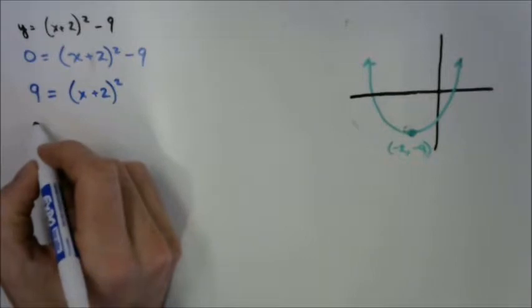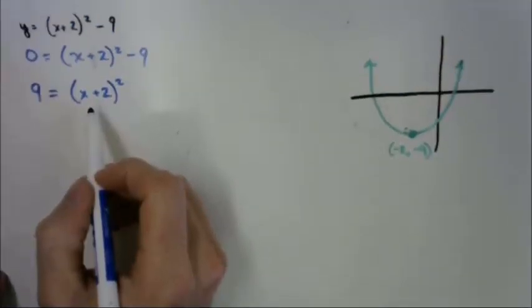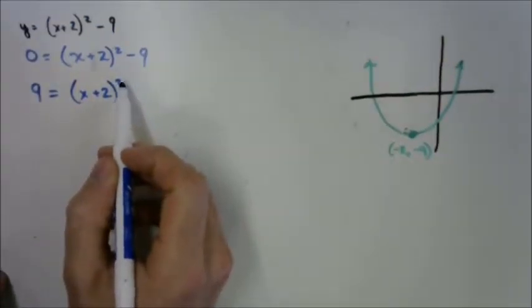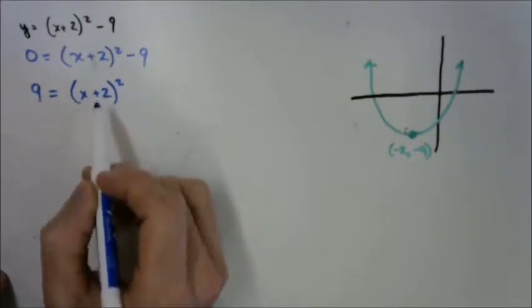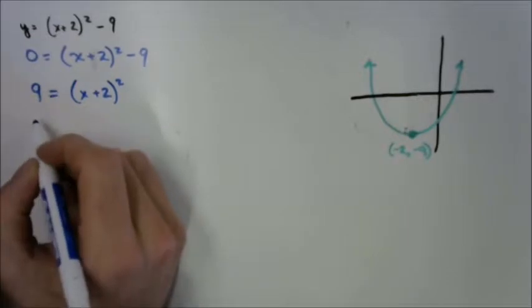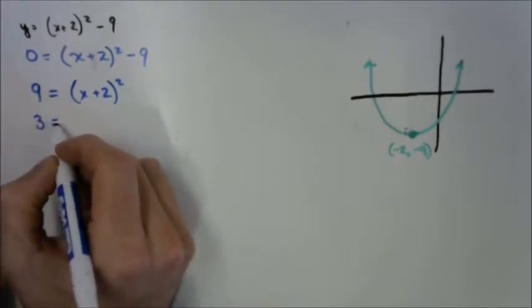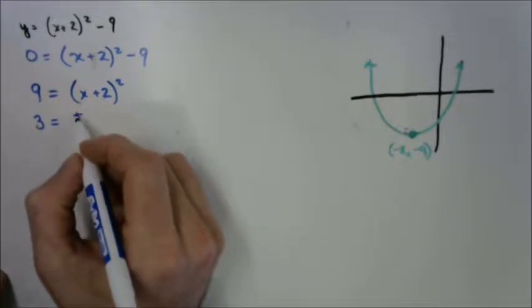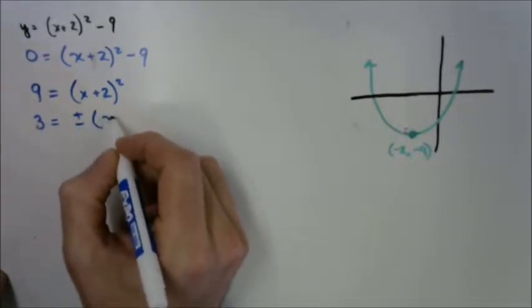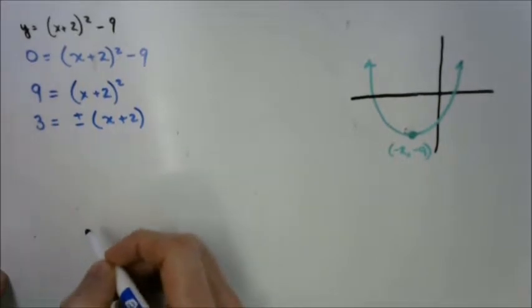The square root of 9 is 3, and the square root of (x plus 2) squared is just x plus 2, but it could be positive or negative. So over here I have 3, and over here I have plus or minus (x plus 2).